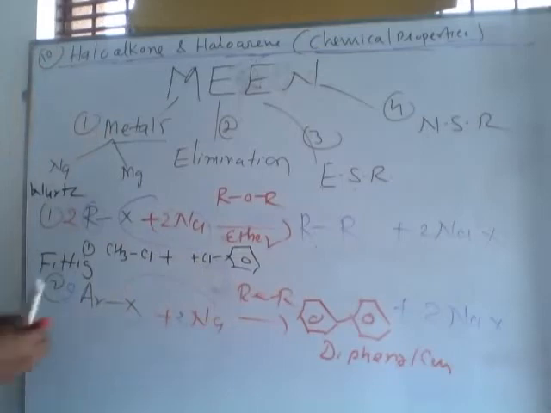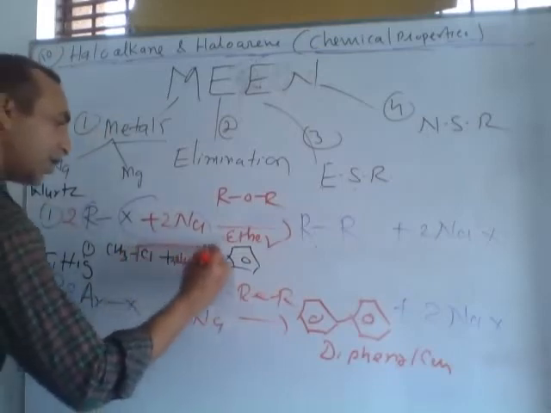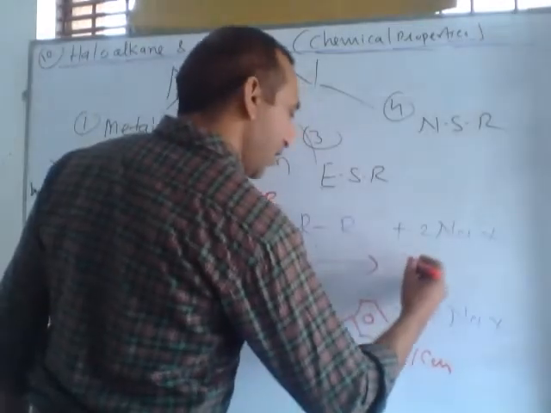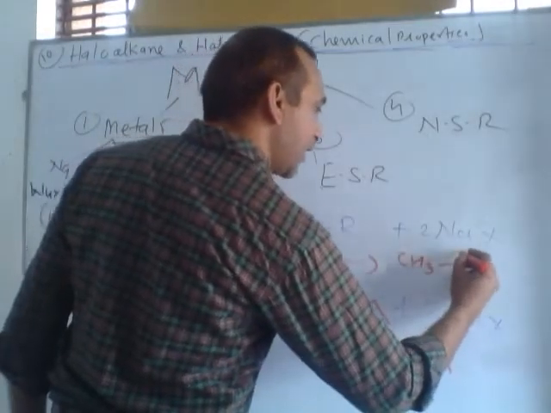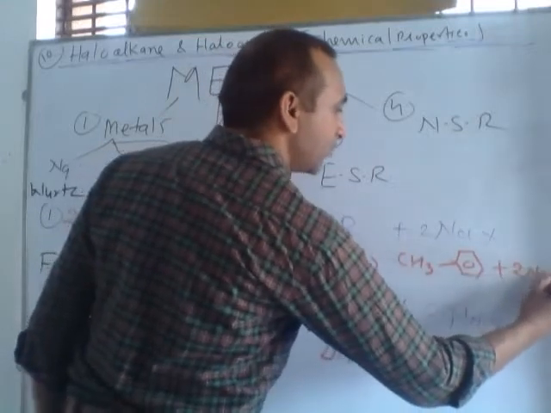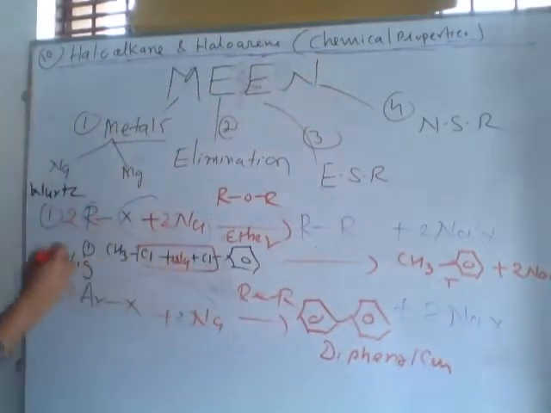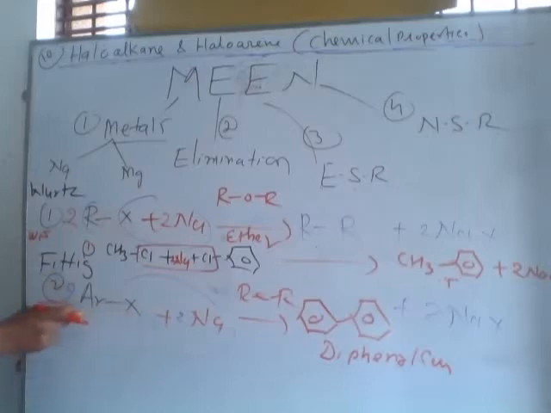This is sodium in presence of dry ether. These two sodium react with these two, and here CH3 is directly connected with this benzene ring. This compound is called toluene. So the middle reaction is called WF, the Wurtz-Fittig reaction. In the Wurtz reaction we use alkyl halide. In the Fittig reaction we use haloarene.